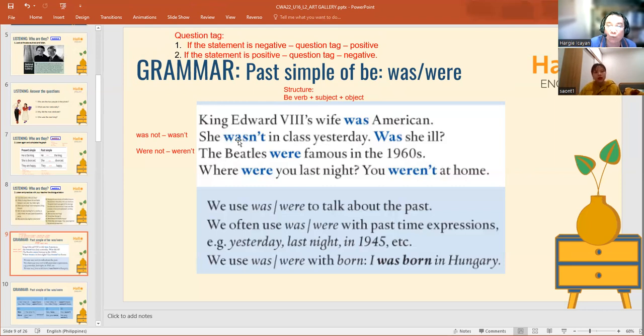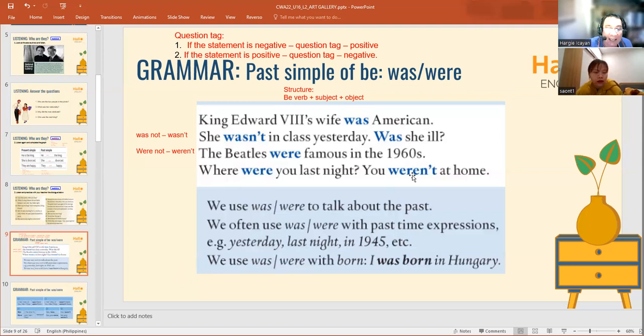Because our subject is she. And then after that, you use the subject. So be verb first, plus the subject, plus the object of the sentence. That's why we can say, was she? Okay, so that's for the negative statement. What about if it is a positive statement?